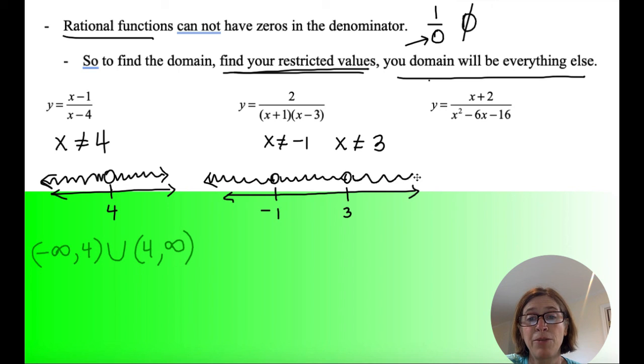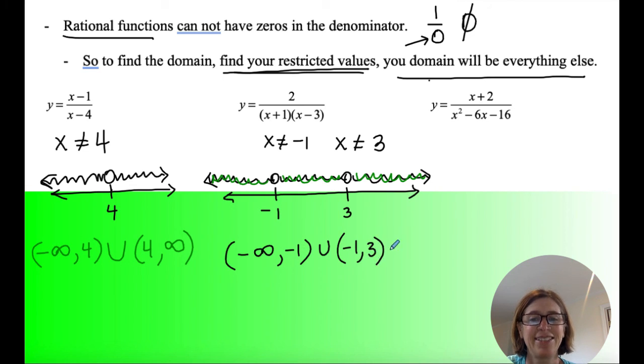And I want everything over here. Yeah, that's tricky, right? I want all of this, and all of this, but I don't want -1 and 3. All right, so watch this. -infinity to -1, parentheses. Union, -1 to 3. Union, 3 to infinity. Okay?